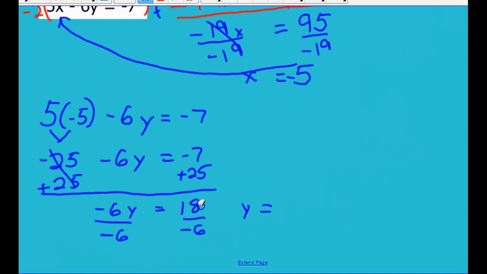Y equals 18 divided by -6, which is -3. So our solution then comes out to be -5, -3. So our x is -5, our y is -3.